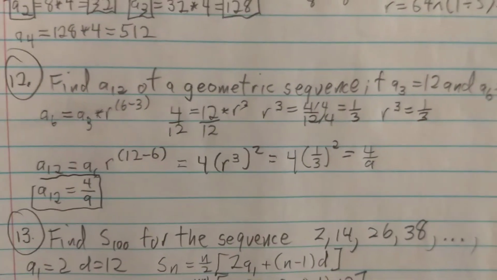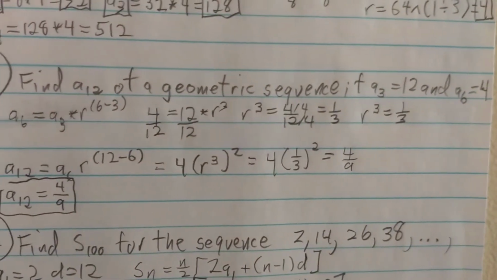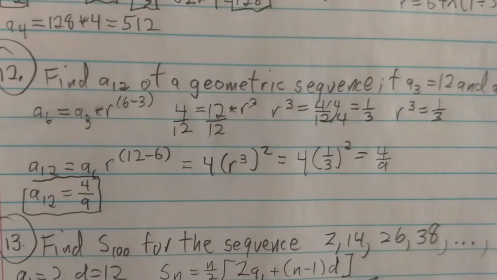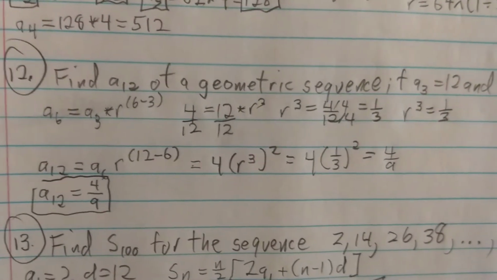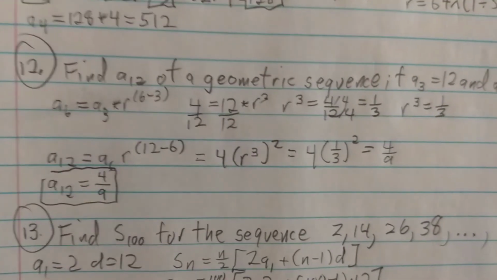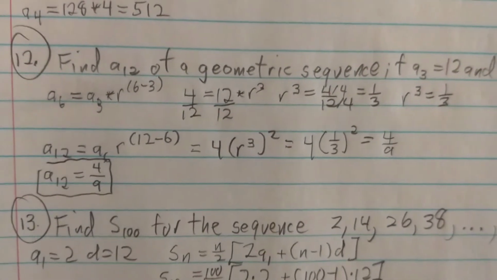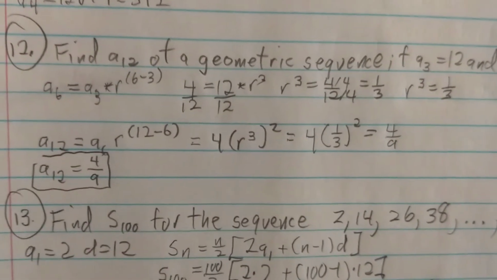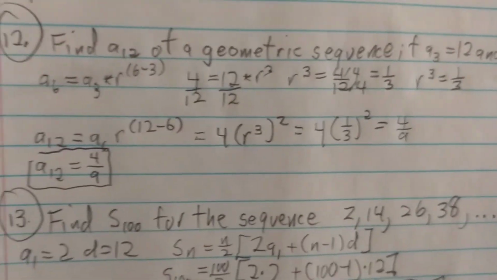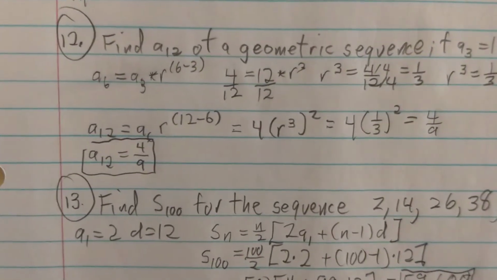Plugging in our numbers, we have -4 equals 12 times r to the third. Dividing both sides by 12, it should be r to the third equals -1/3. That's a mistake, but let's go with it.